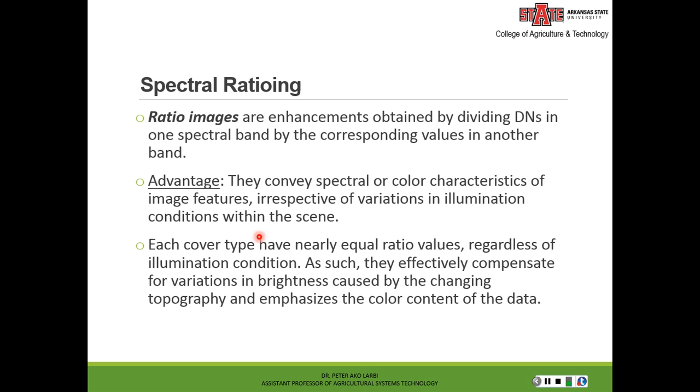One thing to note is that with a spectral ratio, each type of cover type, let's say bare ground, or dry leaves, or green leaves, would show different ratios. All pixels that belong to the same background will show similar ratios, and even with limited lighting, that will still show the appropriate ratio values.